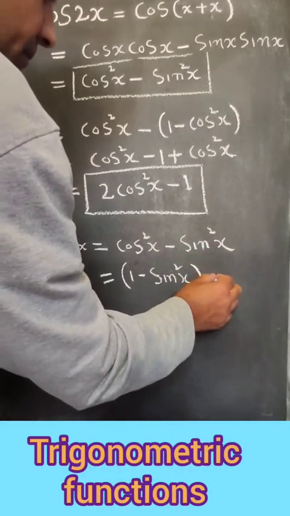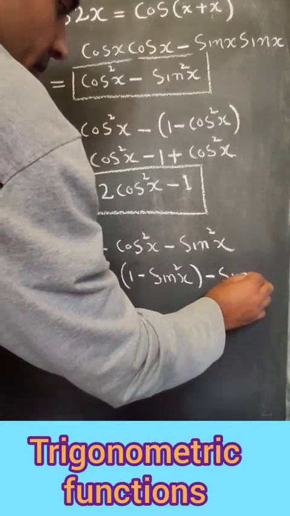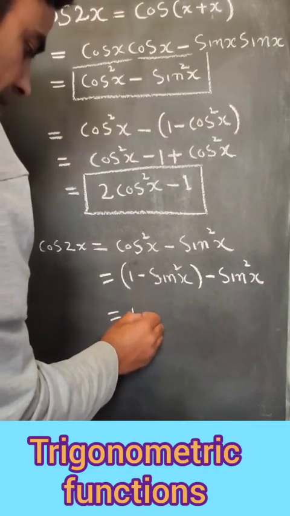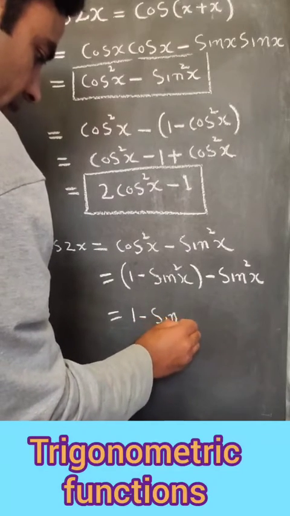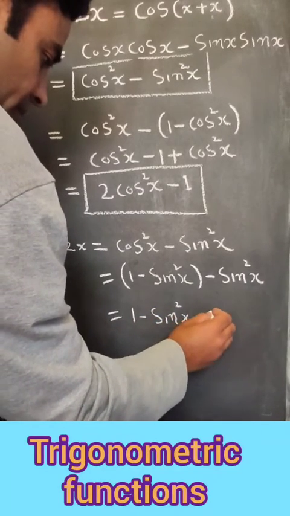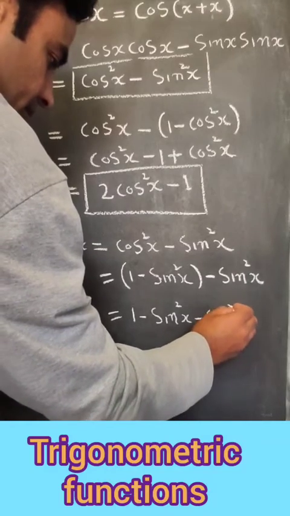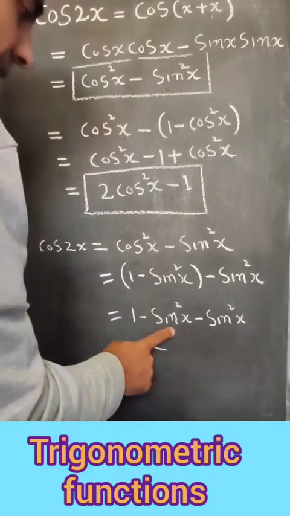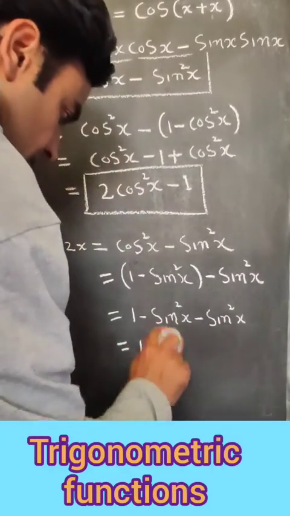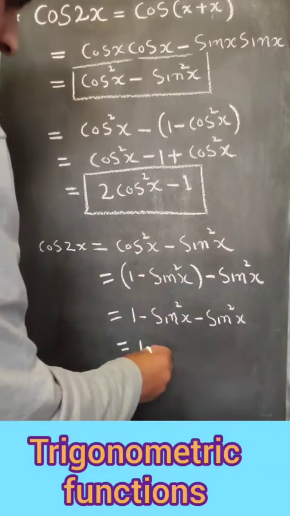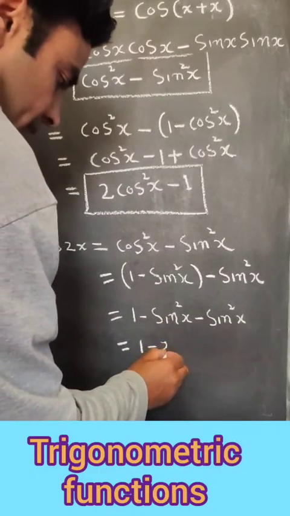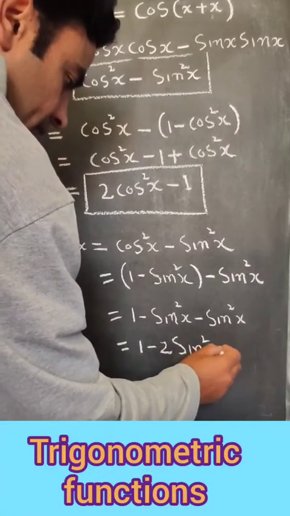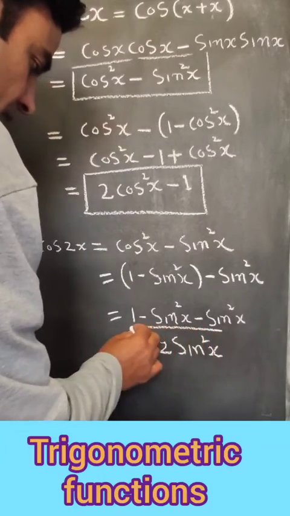Then we have minus sine square x, which is further equal to 1 minus sine square x minus sine square x. So it is minus sine square x minus sine square x. So we get minus twice sine square x. That is one more result.